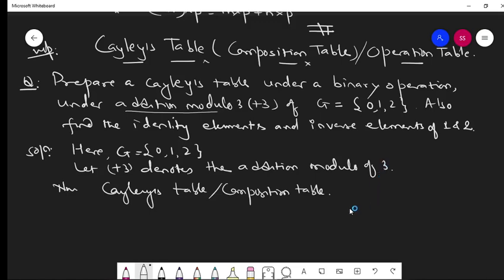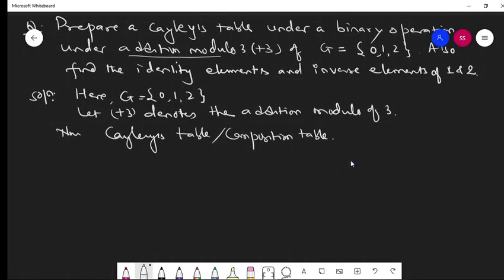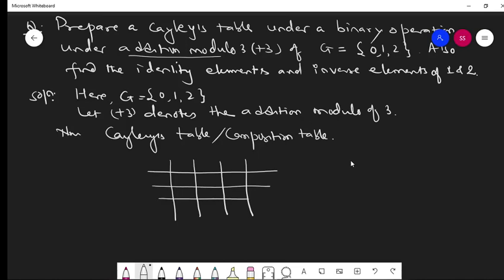If we have 3 elements, then we can draw a 4 cross 4 table. So I will make a 4 by 4 table.